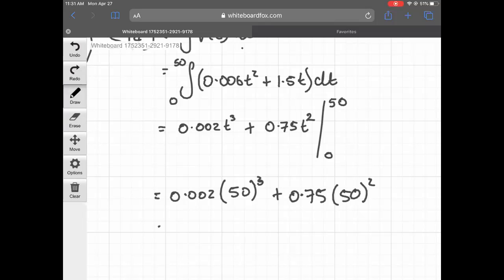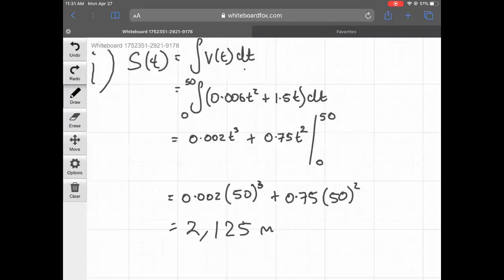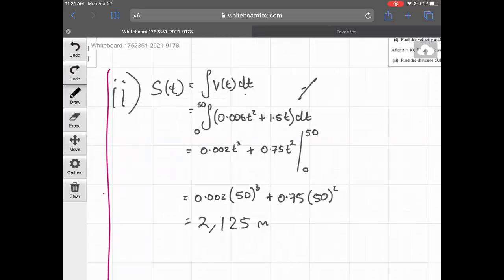See how easy it is to make mistakes. Okay. And I think you should get, after doing that, 2,125 meters. And actually, my calculator can even do these integrations, so I can check on my calculator if I've done that right.